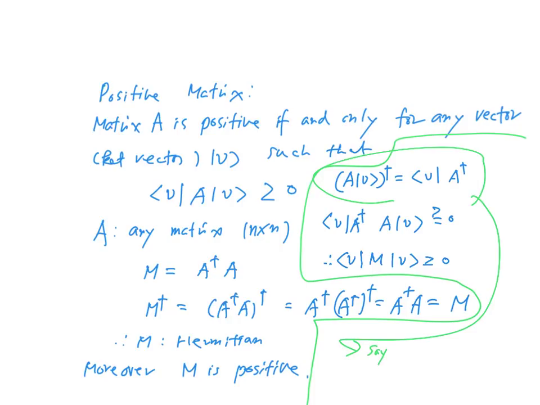Say B is Aφ, then this B is φ A dagger, and the inner product with itself is always positive, right? φ A dagger A φ is always positive.